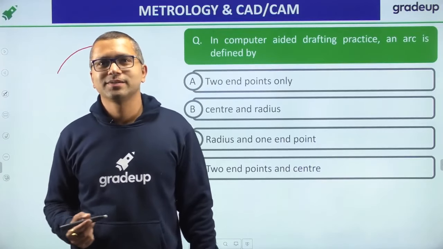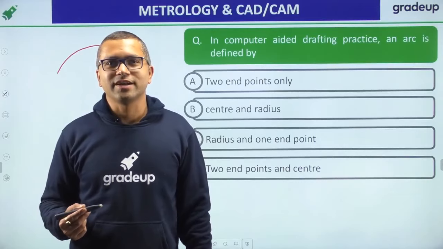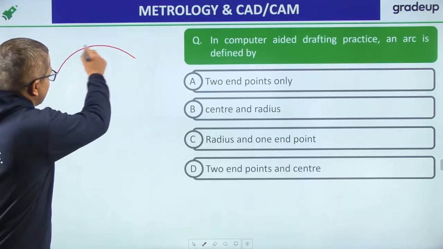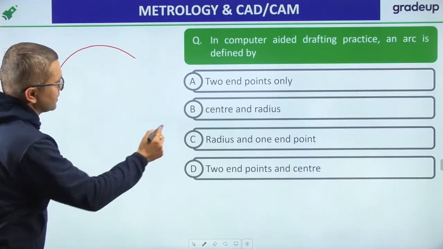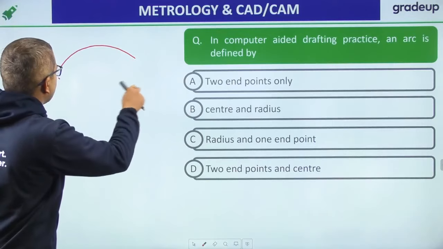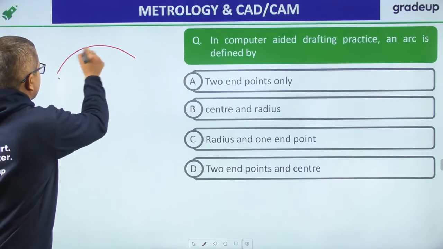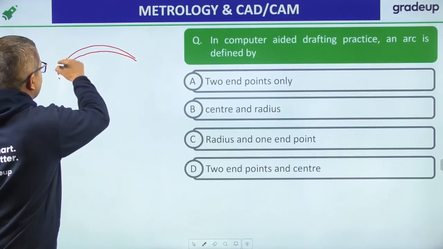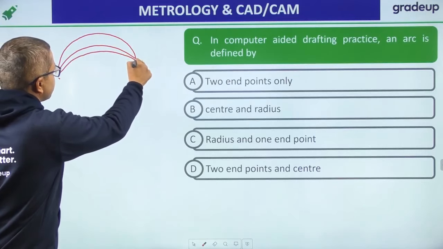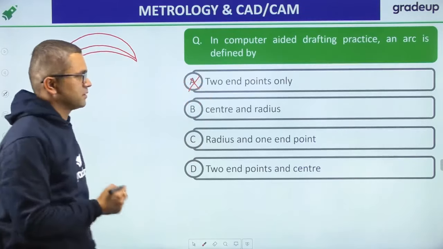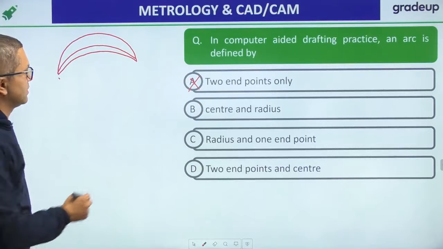See, to define an arc, so let's say this is an arc. Let's say you just have two endpoints, and one arc can be made like that, another arc can be made something like that, and another arc can be made something like that. So this is not a valid option, right?